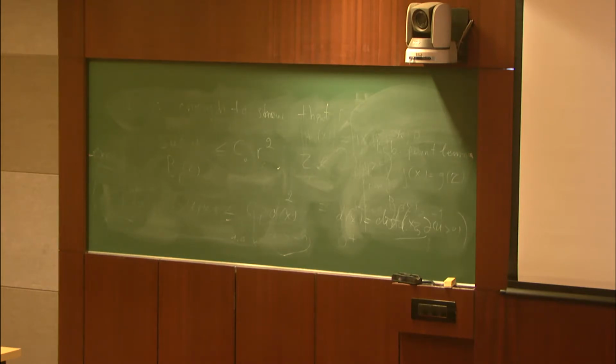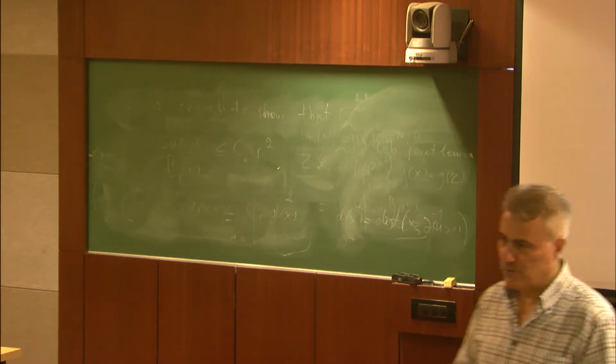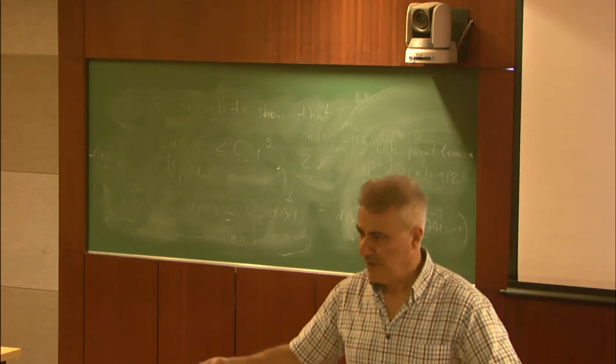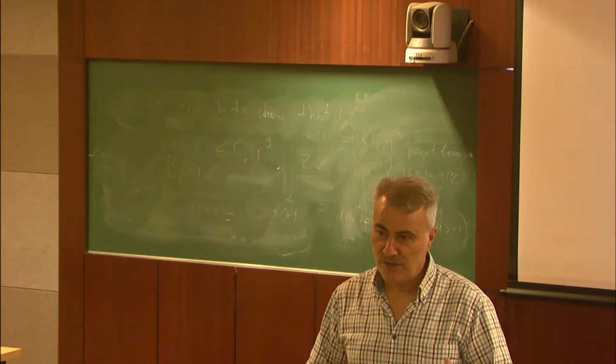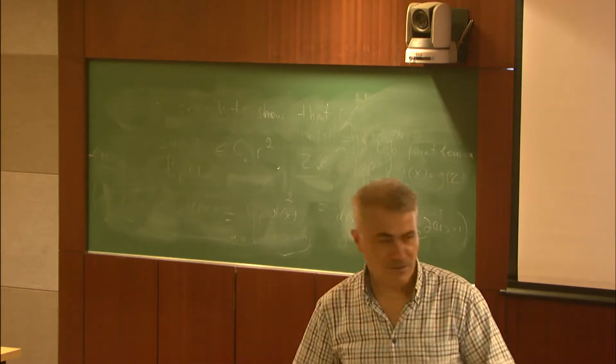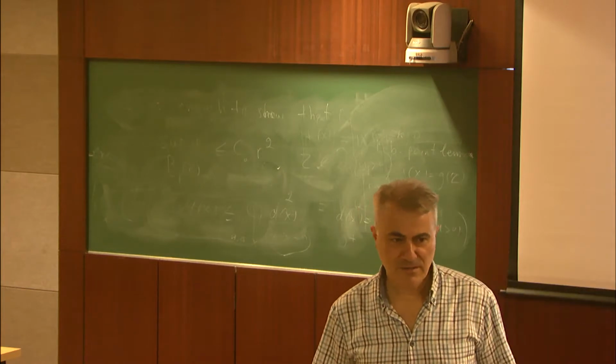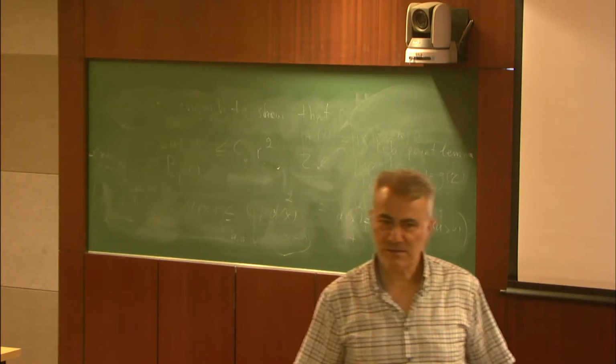Good? So I'm integrating not over the ball of radius r center x, but over a larger ball. And I'm claiming that if this integral is larger than the previous integral, it is less than or equal up to a constant. There is a constant, and it is always different in each instance.